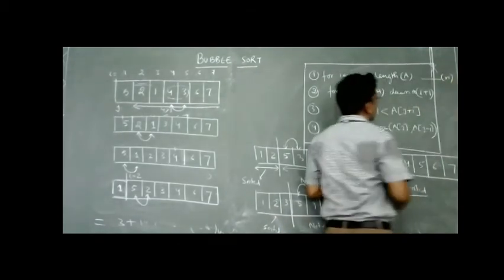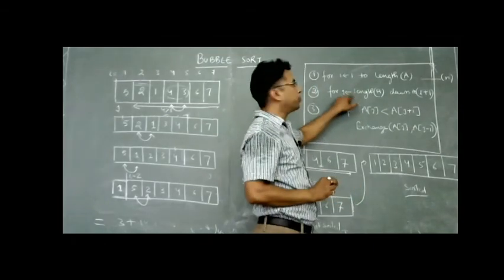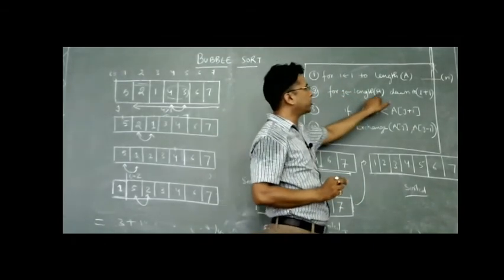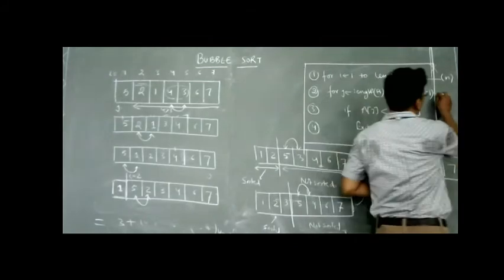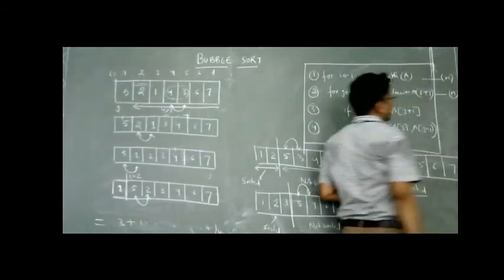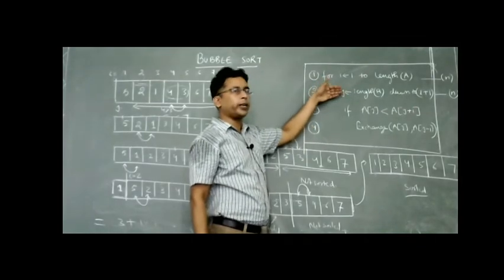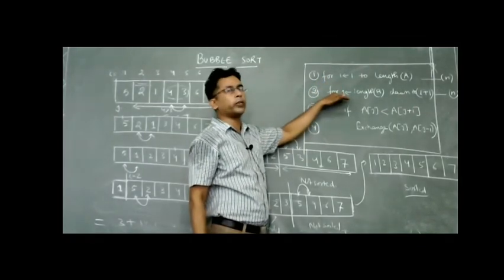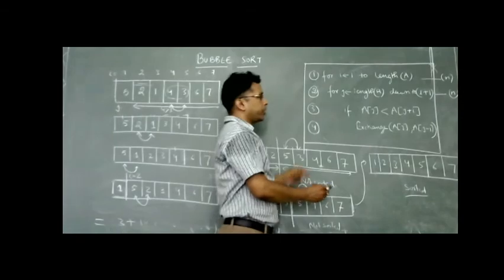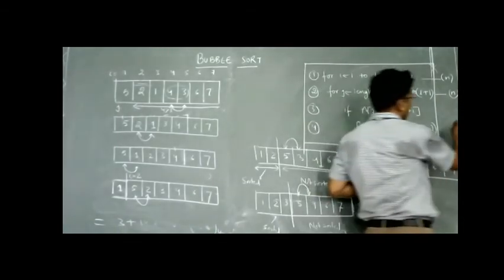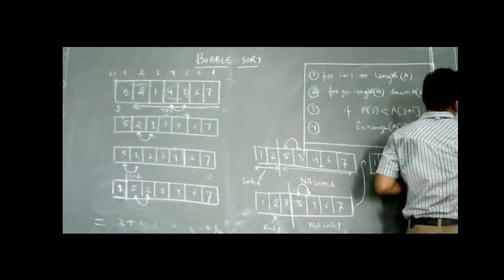And again there is a loop inside the loop for j equal to length of A down to I plus 1. So it will also run n times. So for n elements, the outer loop runs n times, and the inner loop is also running n times. In total, maximum it will take O(n) square time.